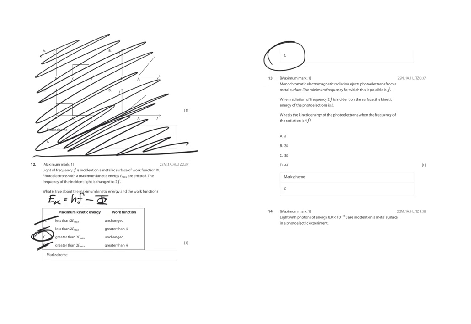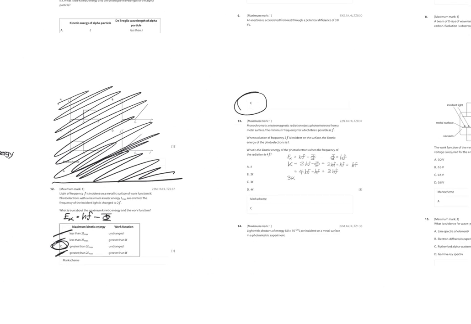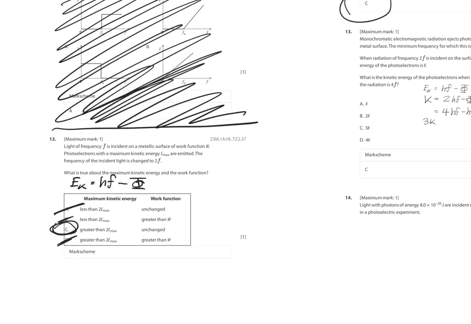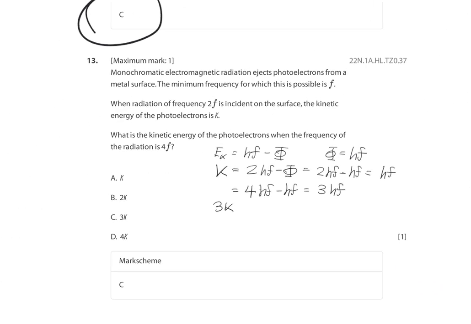All right, 13. So this one's interesting, and it may actually explain why 12 is greater than double, because it has to do with the work function. But anyway, 13 says monochromatic electromagnetic radiation ejects photoelectrons from a metal surface.